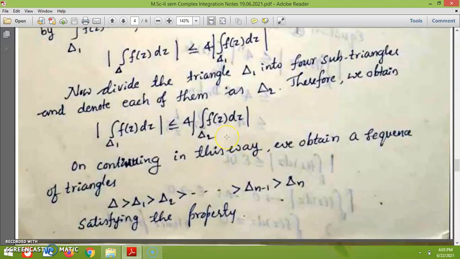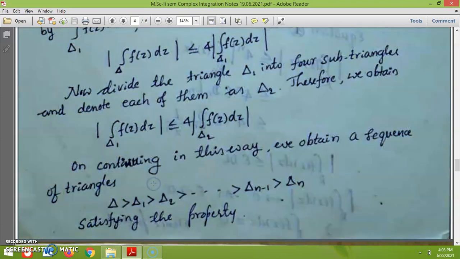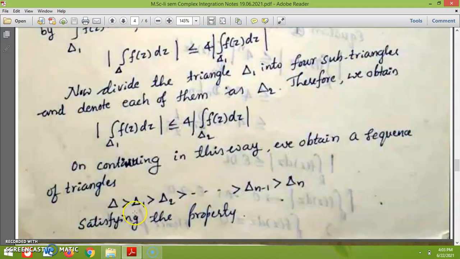You can continue to divide in this manner. So we obtain a sequence of triangles in such a manner that the main triangle is always greater than all the sub-triangles we have divided. The main triangle is greater than the first division, and again we divide triangle 1 into delta 2, in such a way that the main triangle is always greater than whatever subdivisions we have made.